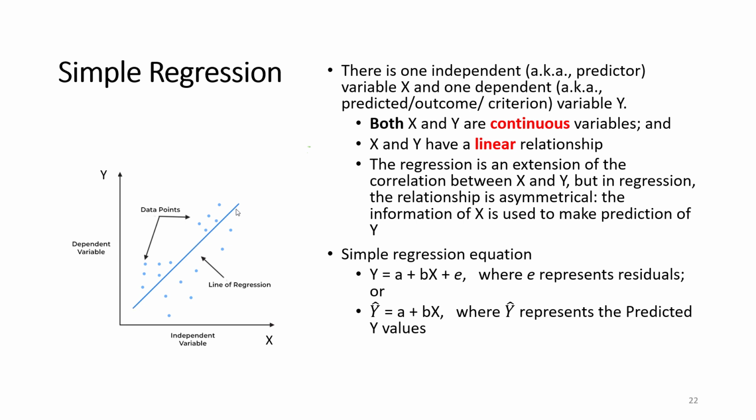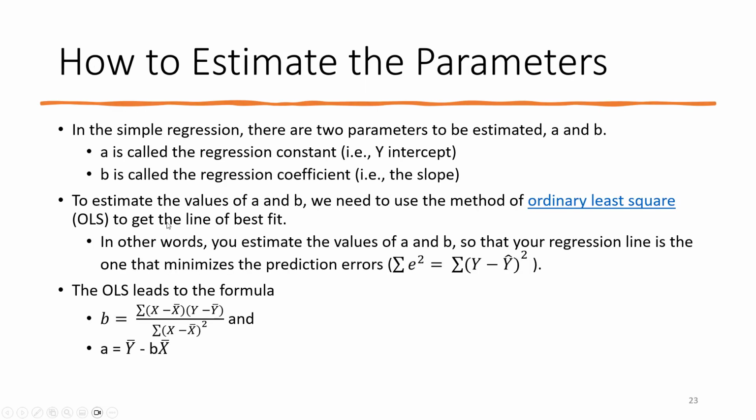The regression line described by the regression equation is called the line of best fit. The line of best fit is chosen among all possible candidates because it minimizes the differences between the observed and the predicted y values. Based on the ordinary least square method, here are the formulas for you to calculate the values of a and b using the raw data.